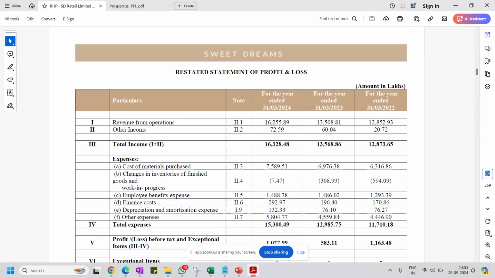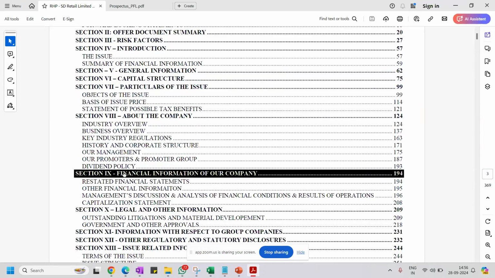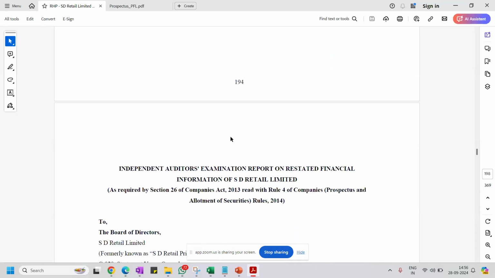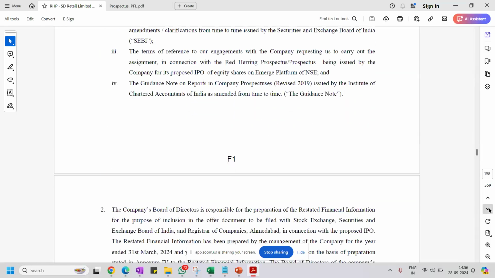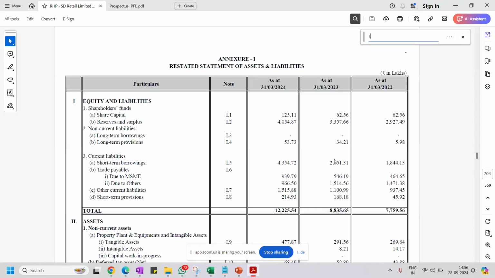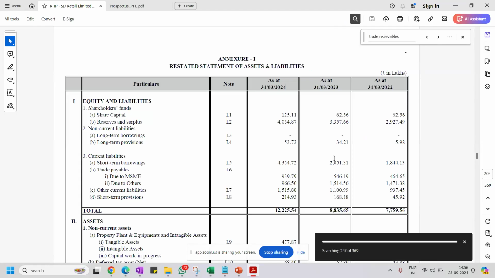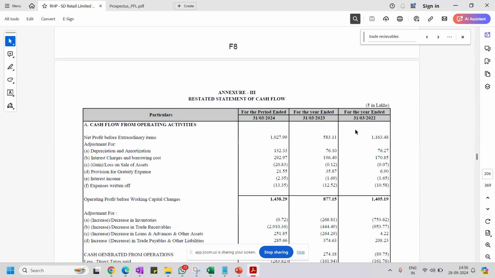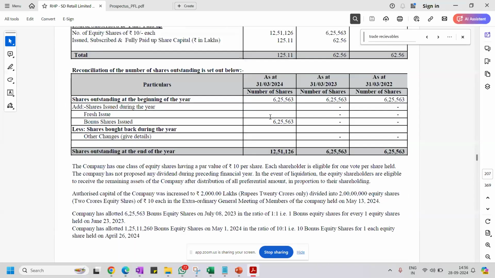Okay. So let's go to here. They break down each and every figure that has been put into the financial statement, and we'll just search for trade. It's not coming. Okay, fine. Let's search manually. So you'll see the bucketing of the trade receivable.